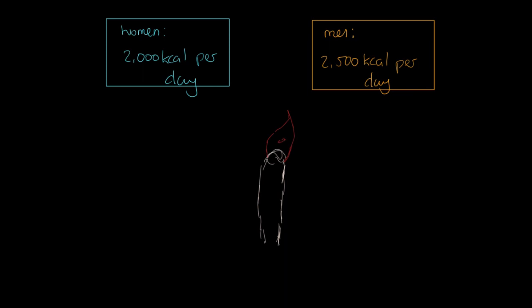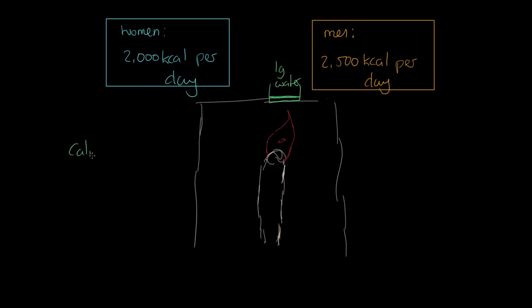I want to imagine that there is a tripod round the outside of this with a gauze on top, and just above that flame, we've got a little vessel, and inside that vessel, we have 1 gram of water. Well, a calorie, and I'm talking about a single calorie, is the amount of energy or heat required to increase 1 gram of water by 1 degree Celsius.